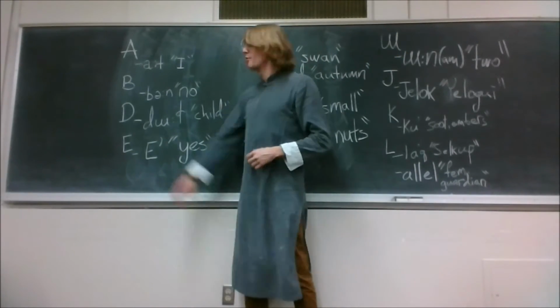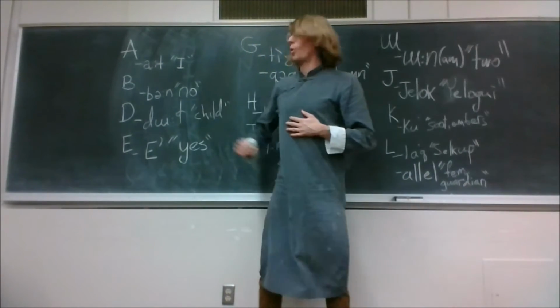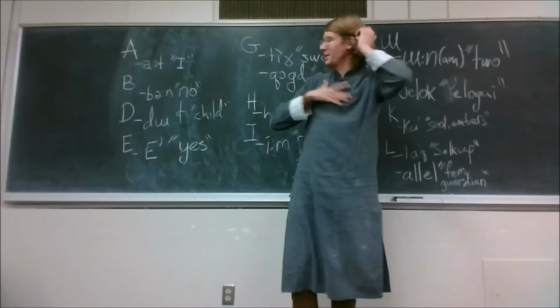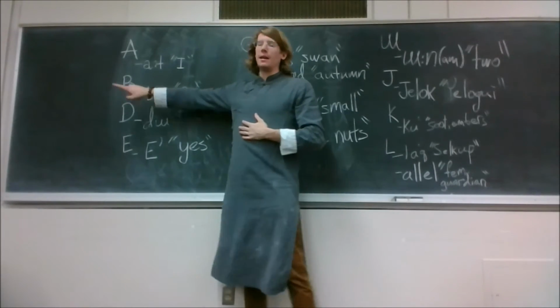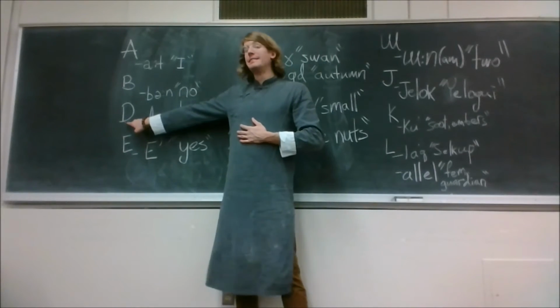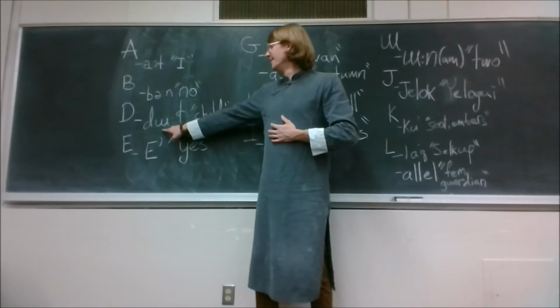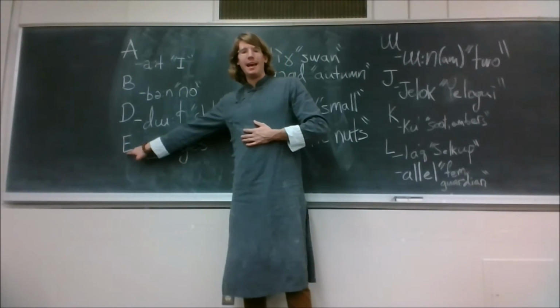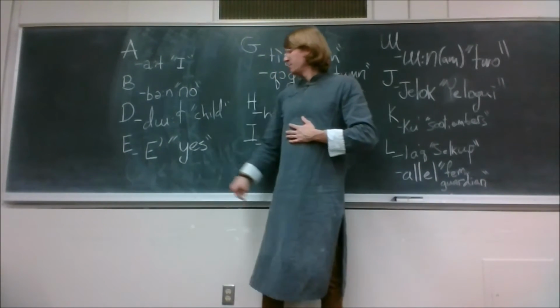So first, let's have A is for as, meaning I or ego, myself, right? Be is for a word meaning no. De is for a word meaning child. E is for a word meaning yes.